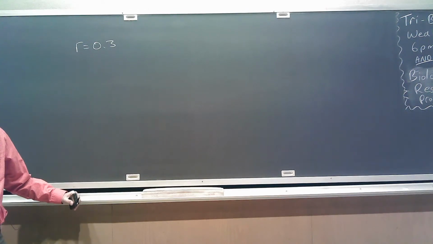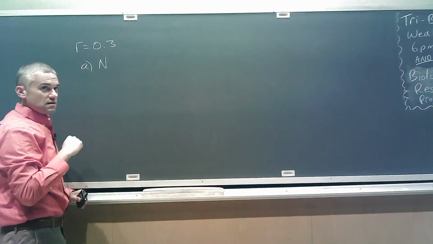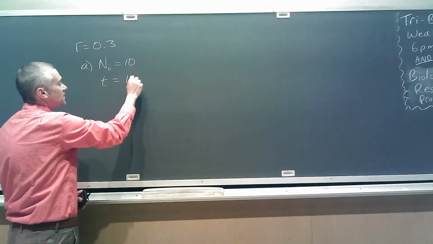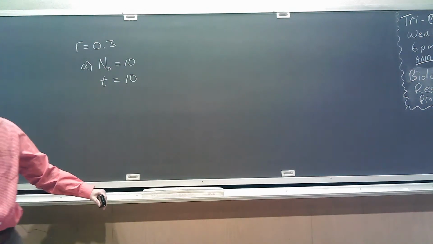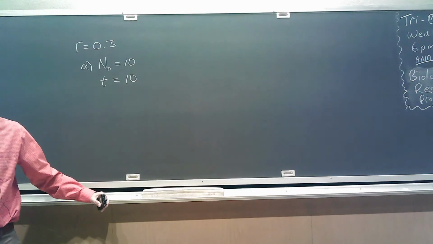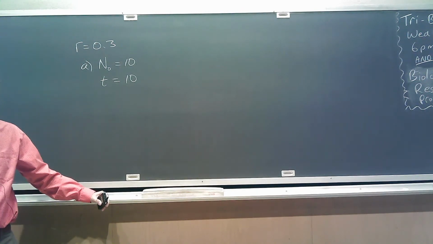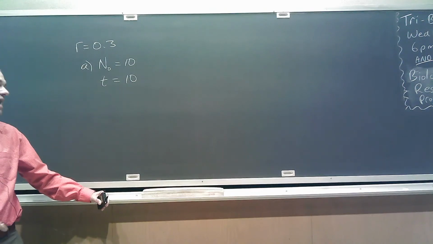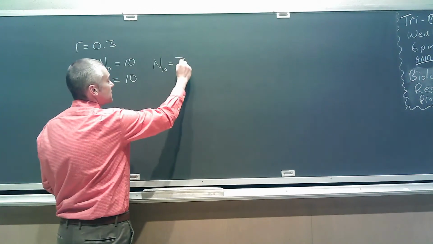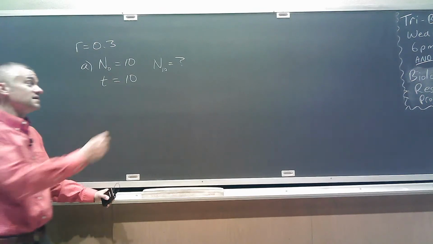All right, that's given to us in the problem. And for part A, we're saying our starting population size is 10 cells, and we're asking how many will we have after 10 hours. All right, so we have our N0, our starting population size, and we have our time, 10 hours. And I ask how many individuals, how many cells do we have after this 10 hours? So we're asking basically to figure out what this n sub 10 is.